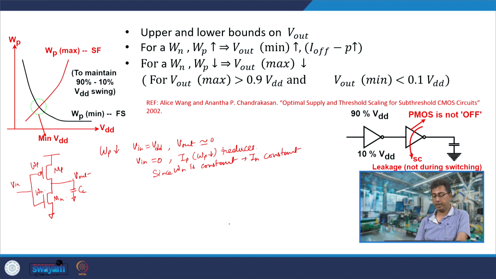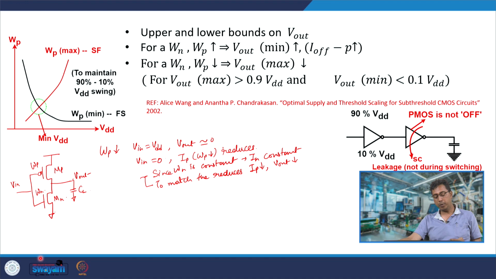Since IP has reduced, you need to maintain a smaller VDS to match the reduced IP. So V out reduces; if it was a small value above the ground, it would become even smaller if WP reduces.